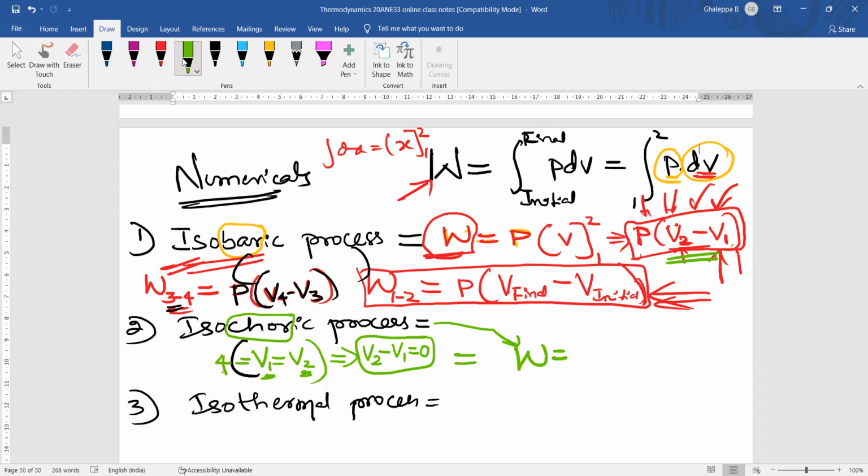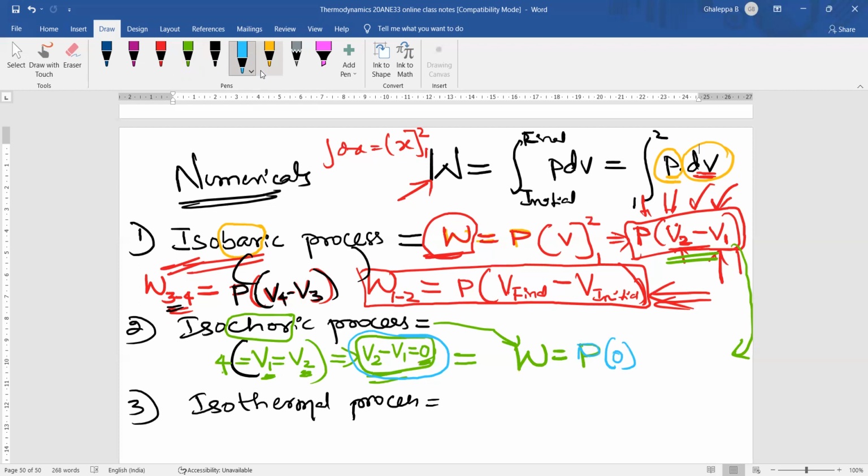Using the same equation, try to reduce it using these conditions. Pressure will remain the same. What is V2 minus V1? V2 means final minus initial, so V2 minus V1 will be 0.